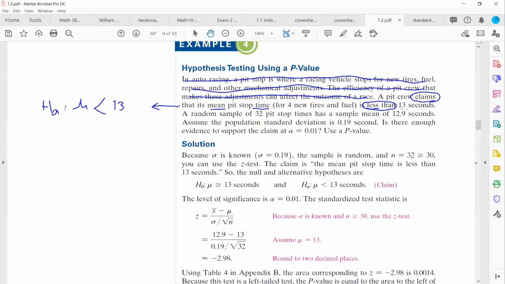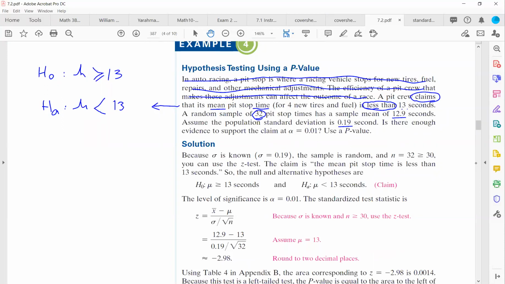Now you can quickly form your null hypothesis, mu greater than or equal to 13. Perfect. Now you take a random sample of 32 pit stop times with mean 12.9 and standard deviation 0.19.